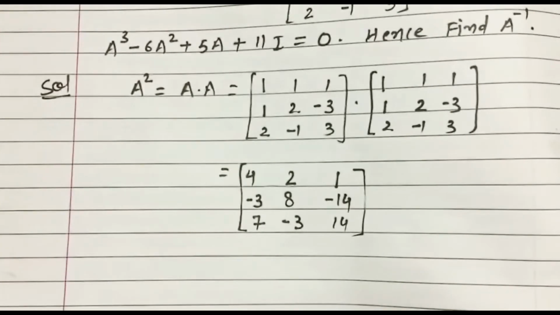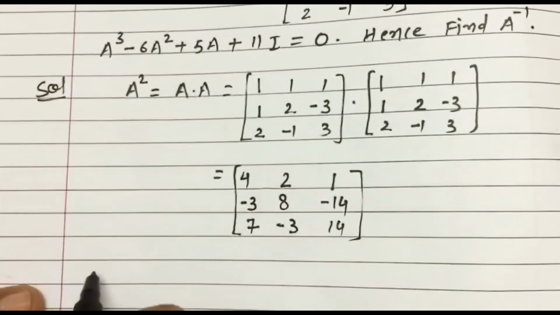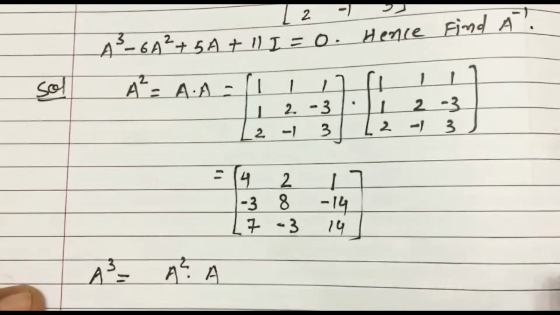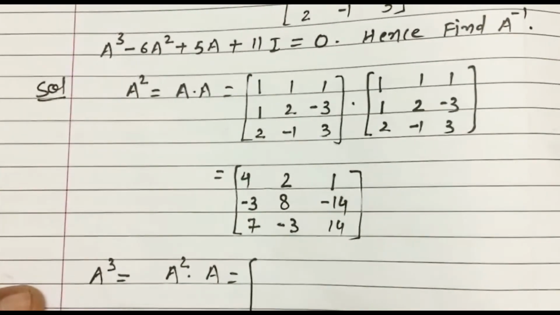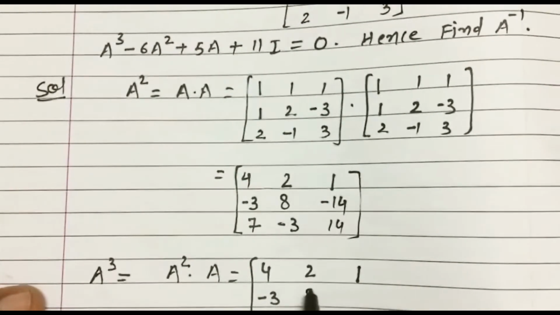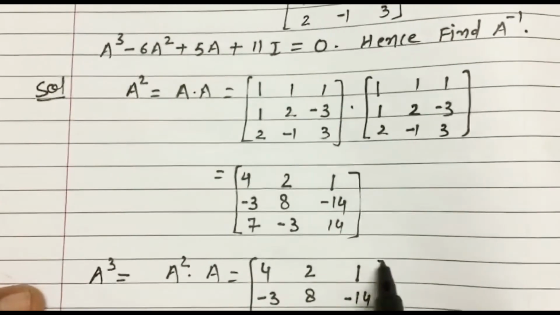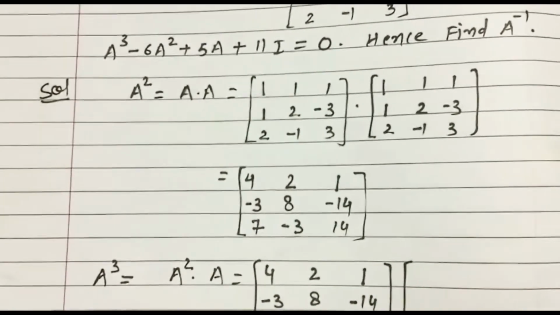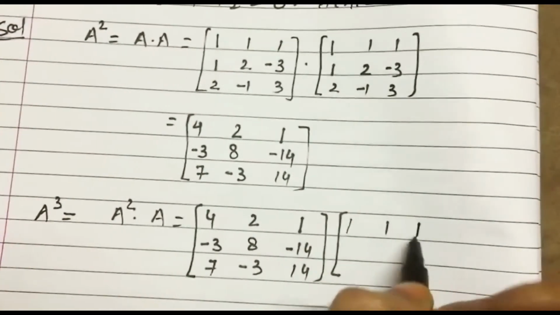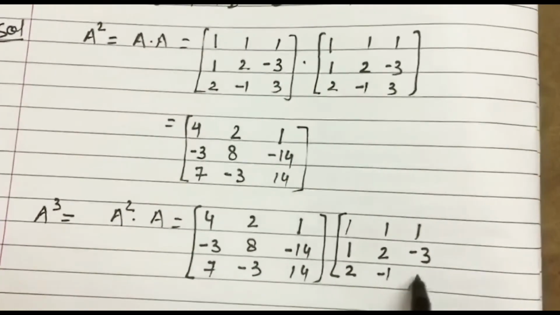Now we have to find A cube. So for A cube, A square multiply with A. Write A square: 4 2 1, minus 3 8 minus 14, 7 minus 3 and 40, multiplied with A, which is 1 1 1, 1 2 minus 3 and 2 minus 1 and 3.